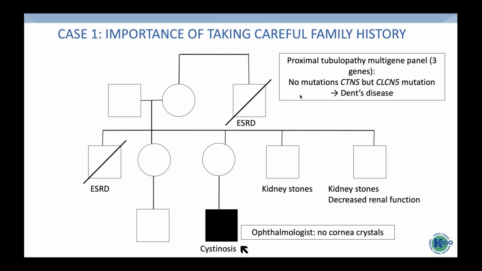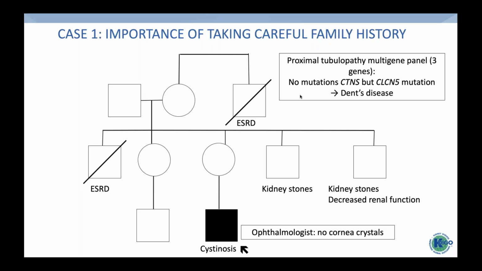Then I performed a genetic test with a small panel, and this patient appeared not to have mutations in the cystinosis gene, but he had mutations in the CLCN5 gene, which is responsible for Dent disease. This made clear that this patient did not have cystinosis, but had Dent disease, and that he had been taking cysteamine for his whole life for nothing.